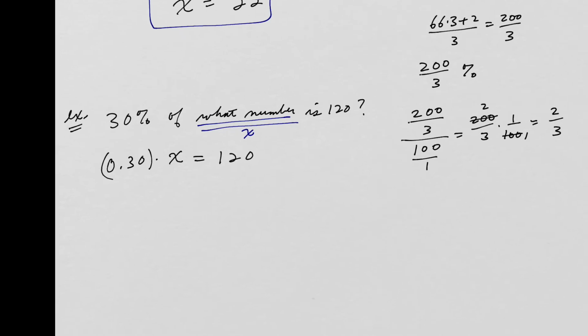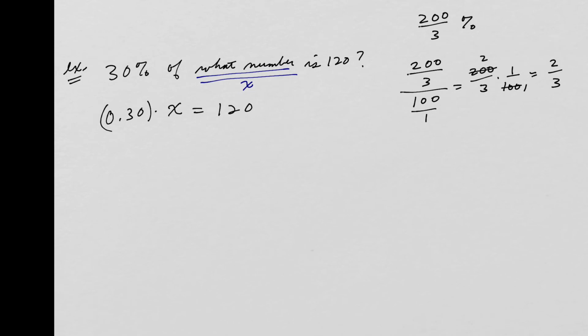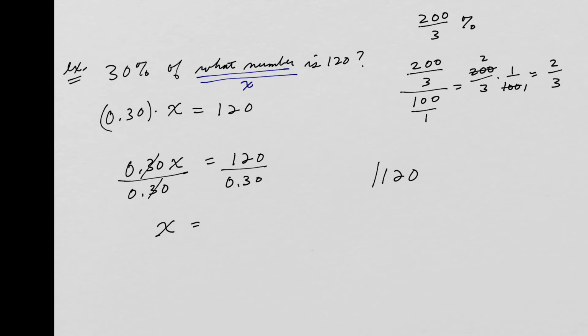So now to solve this for x, since it's being multiplied by 0.30, I need to divide by 0.30, but whatever I do to one side, I do to the other side. So this cancels. So I have x equals, I'll have to do this out. You could also use 0.3, but I'll write it as 0.30. So I need to move this two places.